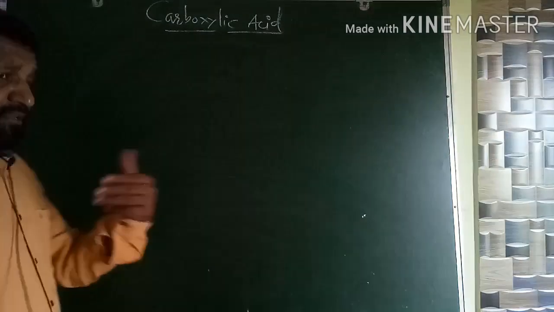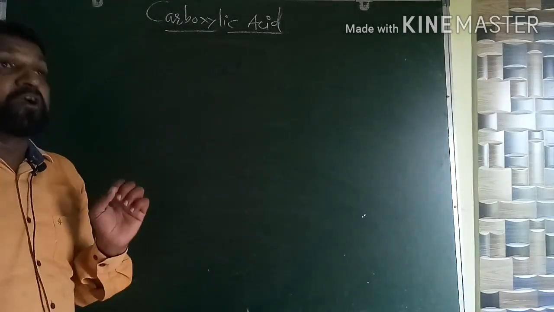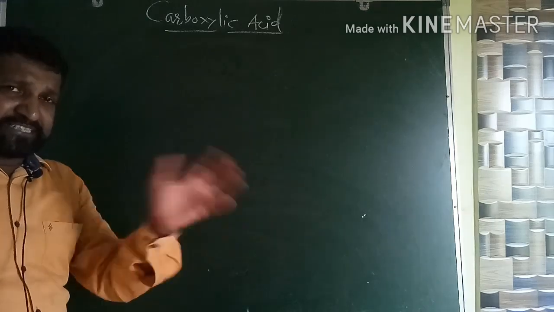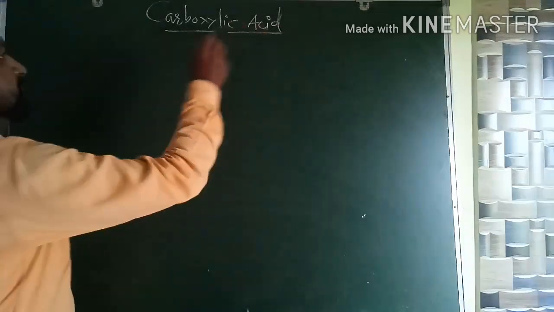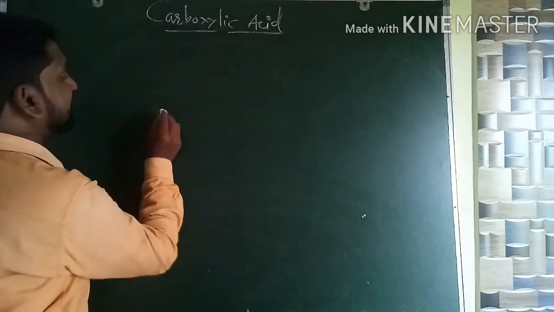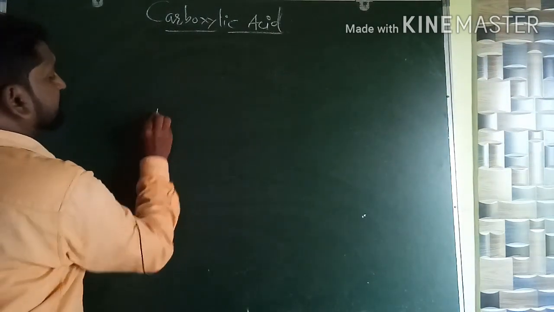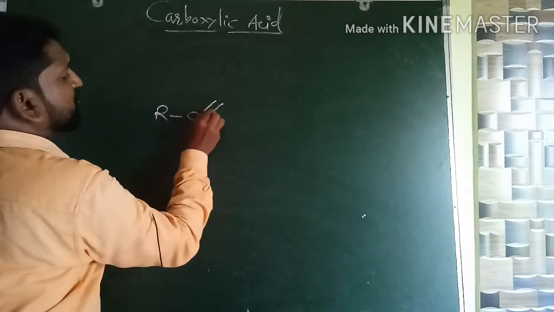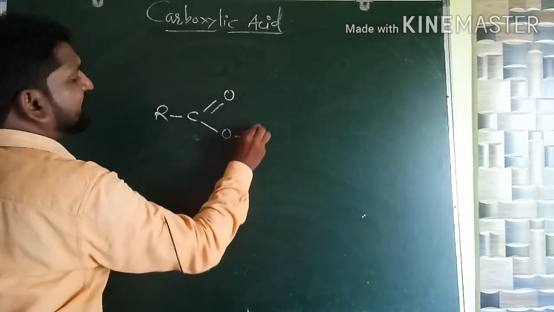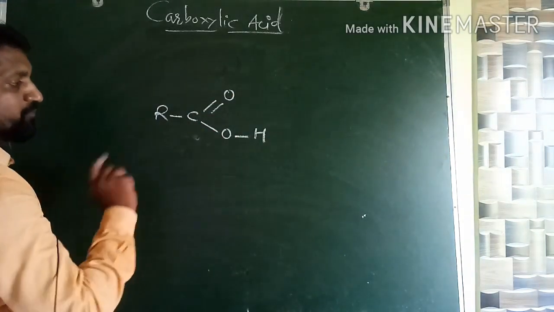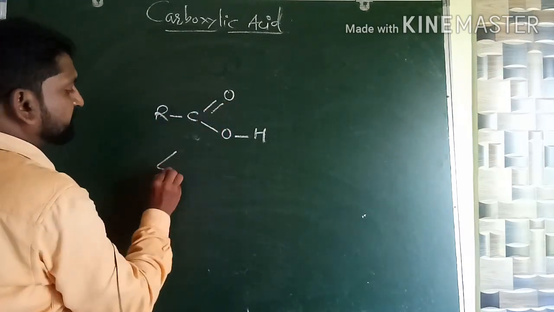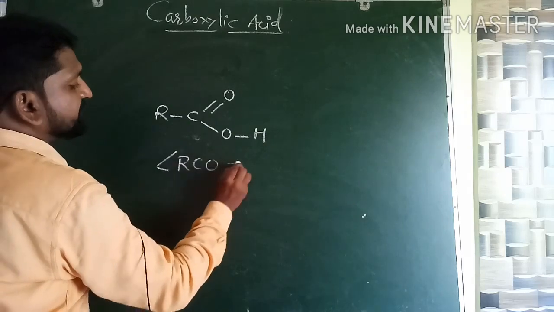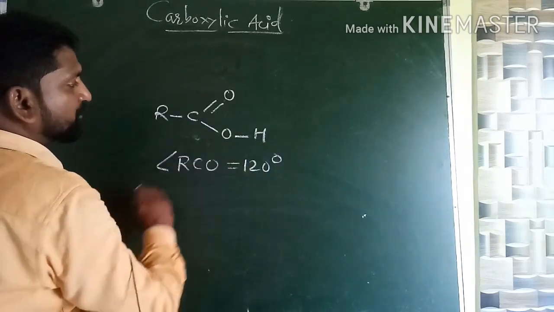Again, we see the bond angle, whether it is a planar or non-planar molecule. How many bonds are possible in the carboxylic group? See here, R, C, O, O and H. The bond angle between R, C, O is found to be 120 degrees, no doubt.